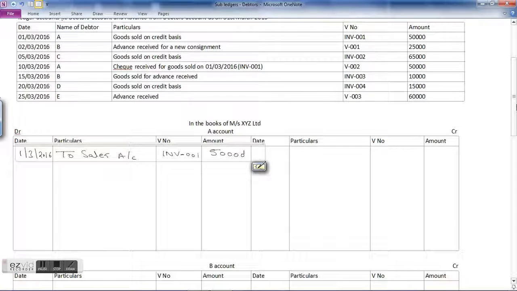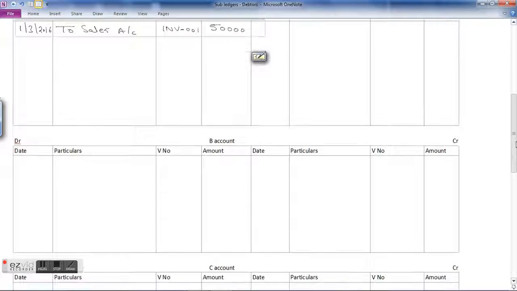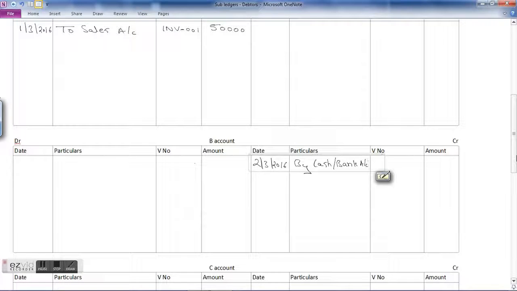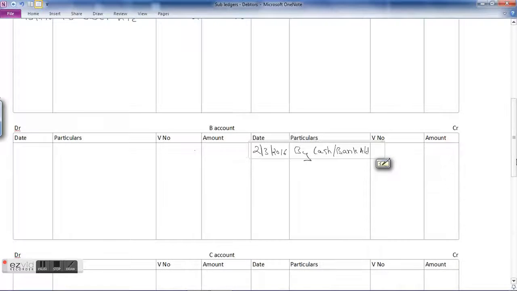So on the credit side of B's account we will post this entry: 2nd March 2016, by cash or bank account. Since nothing is mentioned whether it is by check or cash, we are just posting the entry as cash or bank account. Voucher number is V001, and the amount is 25,000.